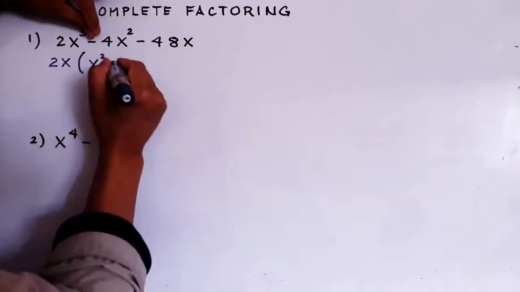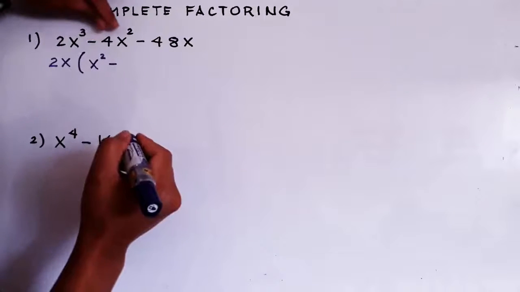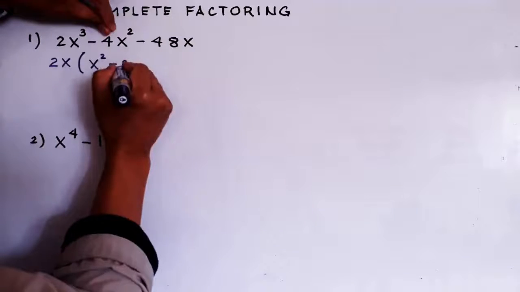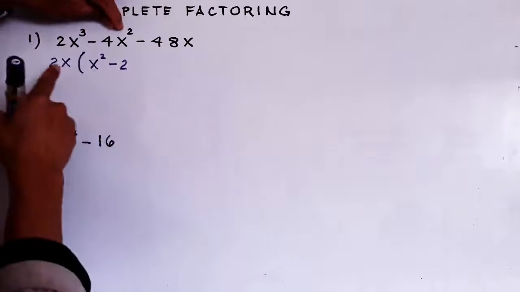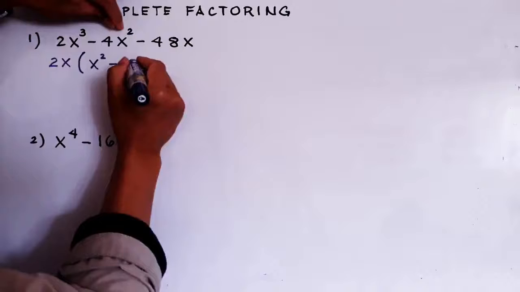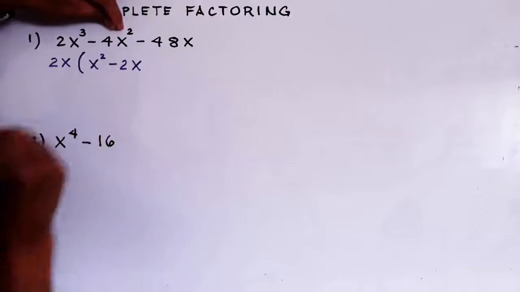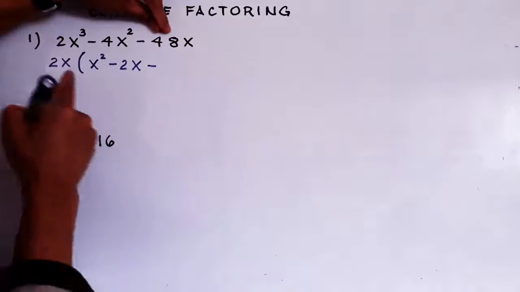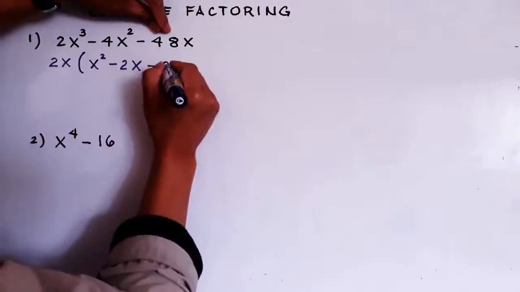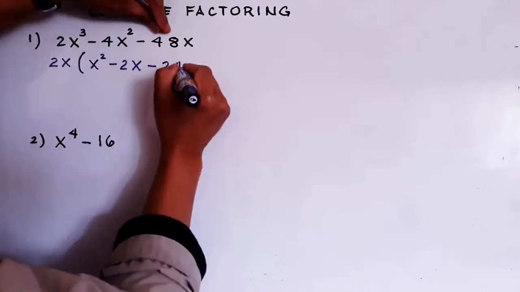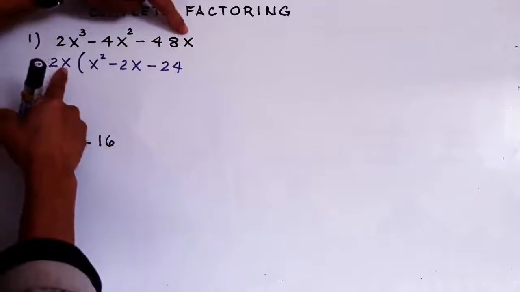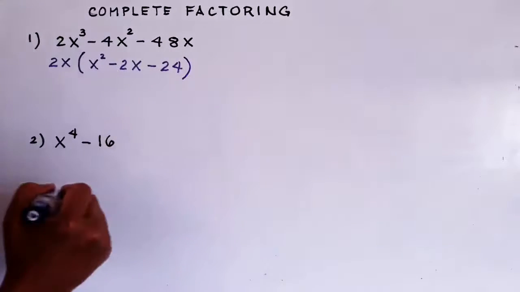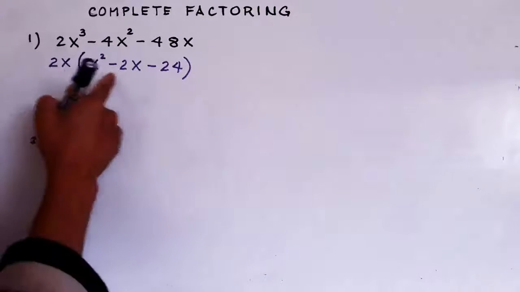Second, minus, you copy the minus here. 4 divided by 2 is 2. x squared divided by x is x to the first. x minus, 48 divided by 2 is 24. x divided by x is 1. So by common monomial factor, we have this one.